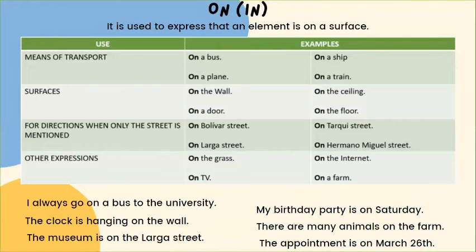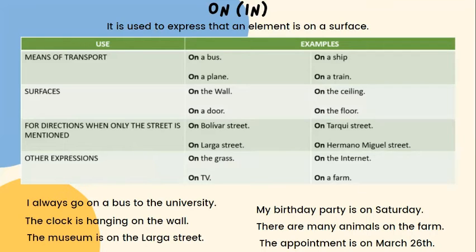The preposition on is used to express that an element is on a surface. Use: means of transport, surfaces, directions, other expressions. Examples: on a bus, on a train, on a walk, on a door, on a floor, on a street, on a TV, on a grass.